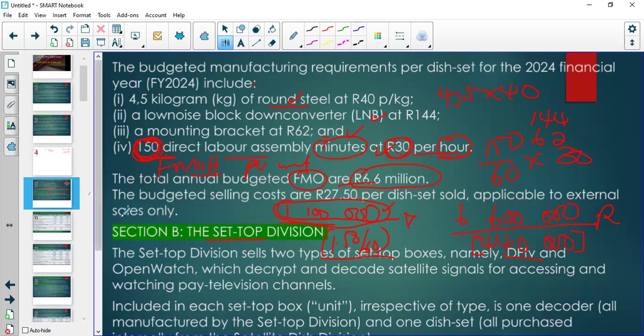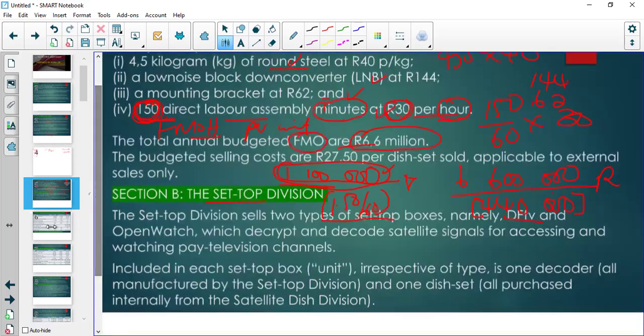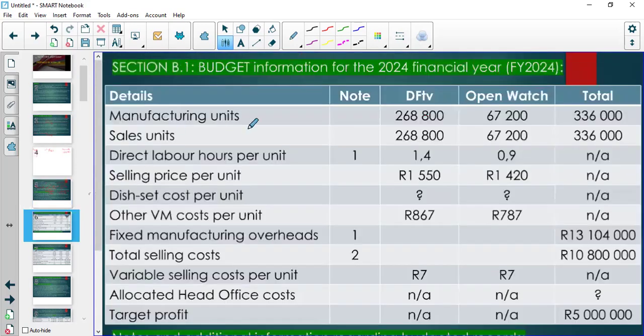Where is it? Because we want to determine the, so I think this is 336.